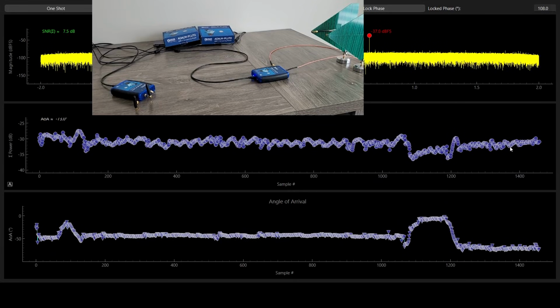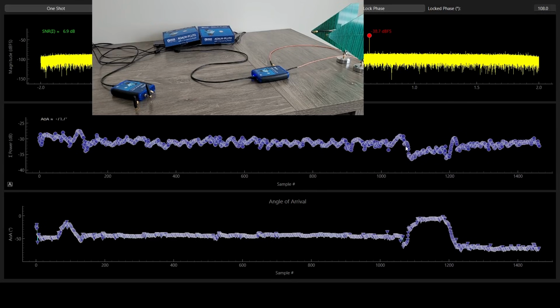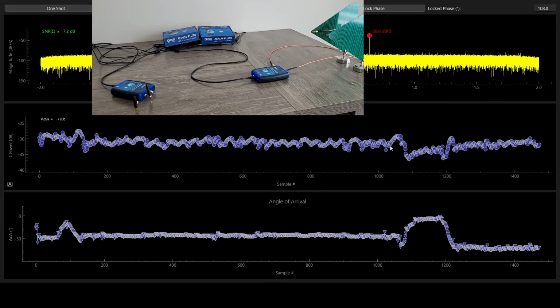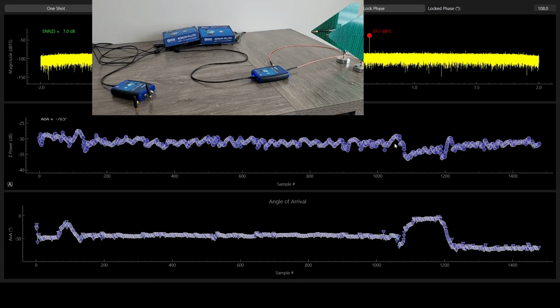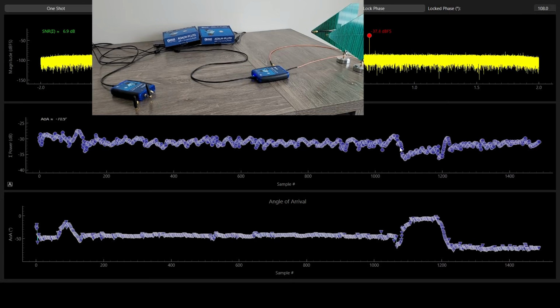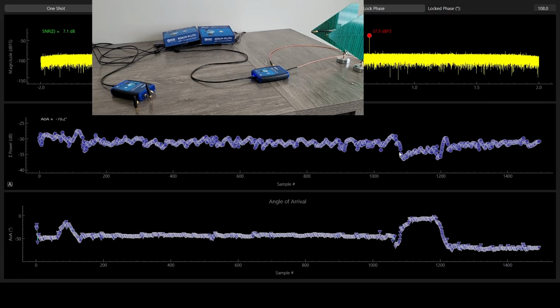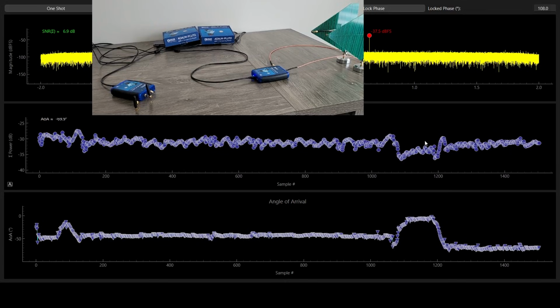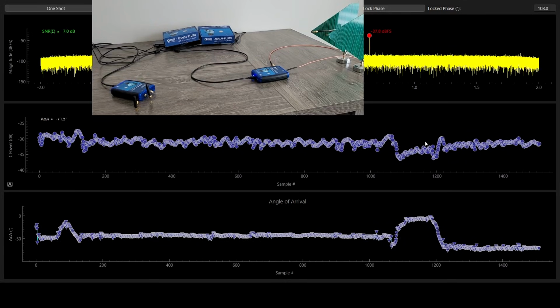But one thing is that this is not a very quick system. As we change the distances or the angle, it doesn't react very quickly to keep the beam in alignment.